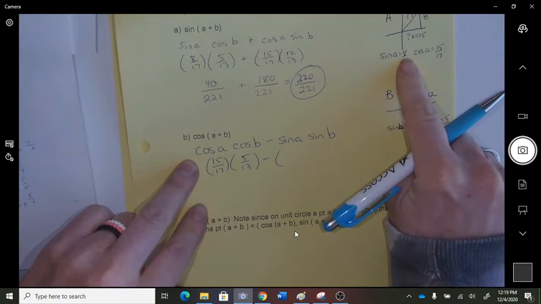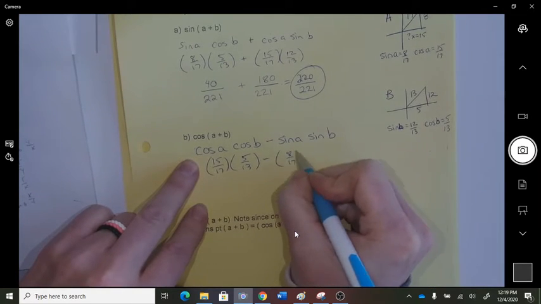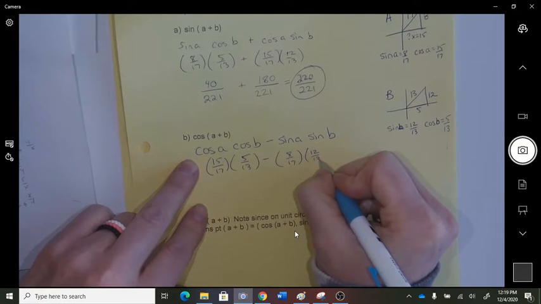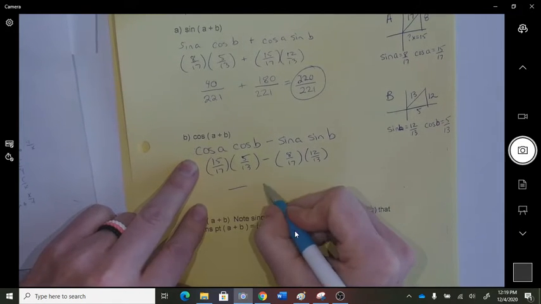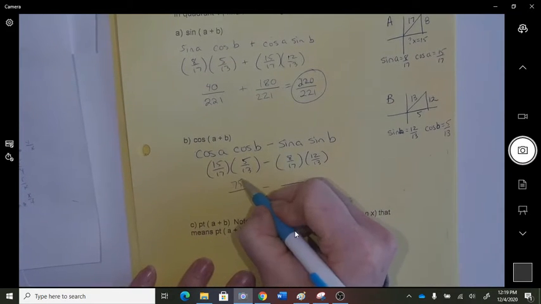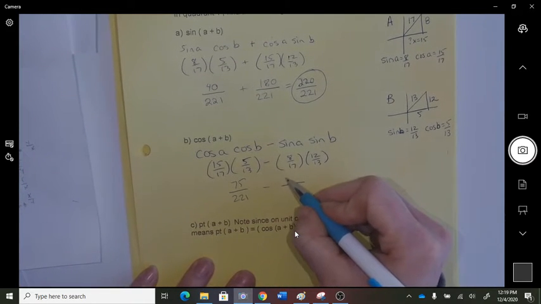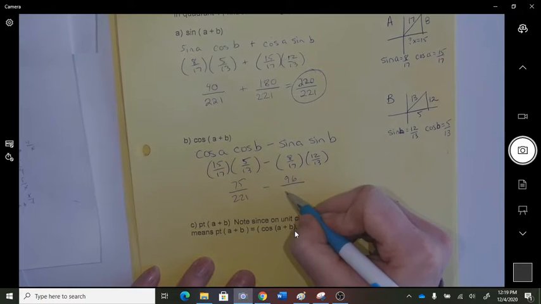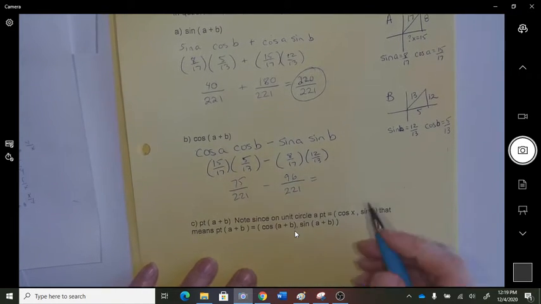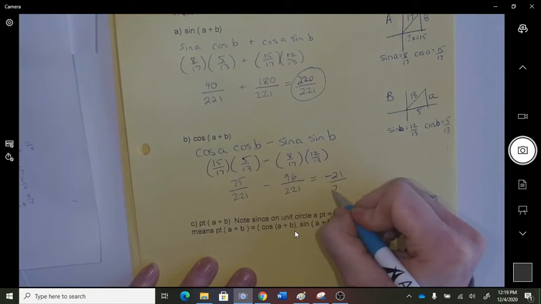Sine A, 8 over 17. Sine B, 12 over 13. Okay, and now we just multiply them. So our numbers are 75 over 221 and 96 over 221. So 75 minus 96 makes negative 21 over 221.